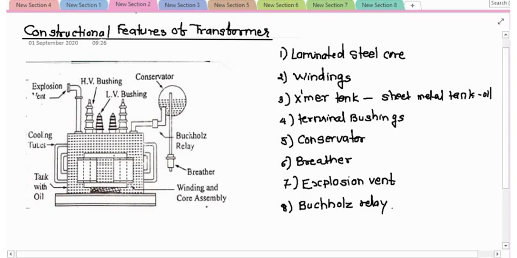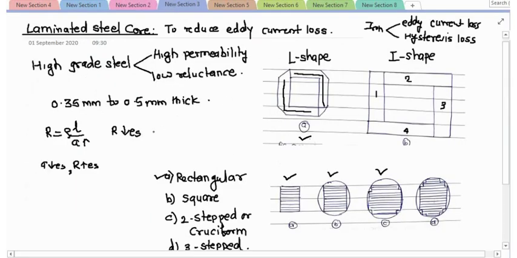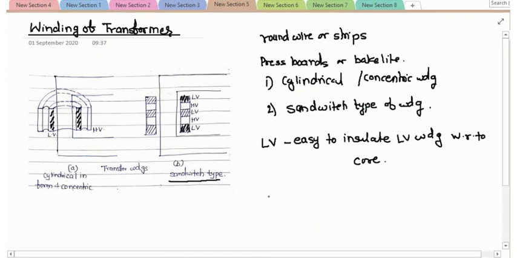This oil serves two purposes: it provides the insulation as well as the cooling to the transformer.